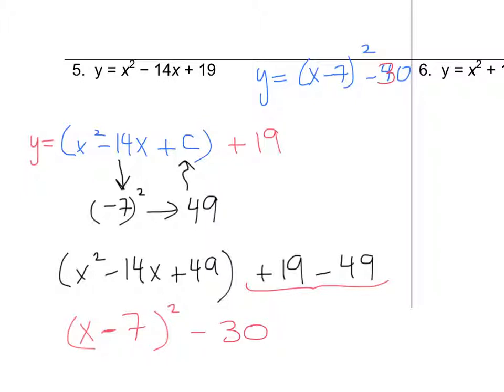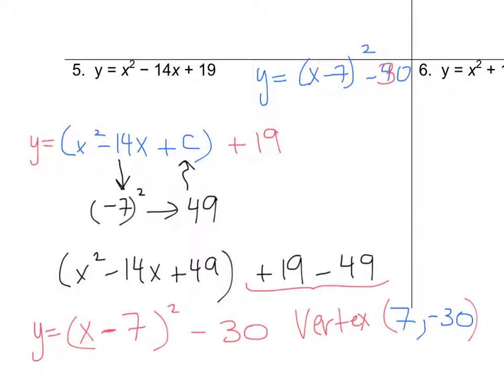Sorry about that. Now this is my vertex form. And it's called a vertex form because you can get the vertex from it. My x of the vertex is going to be the opposite of the number on the inside, so that's going to be a 7. And the y of the vertex is going to be the k, so this one over here. Do you remember that from lesson 3-2?